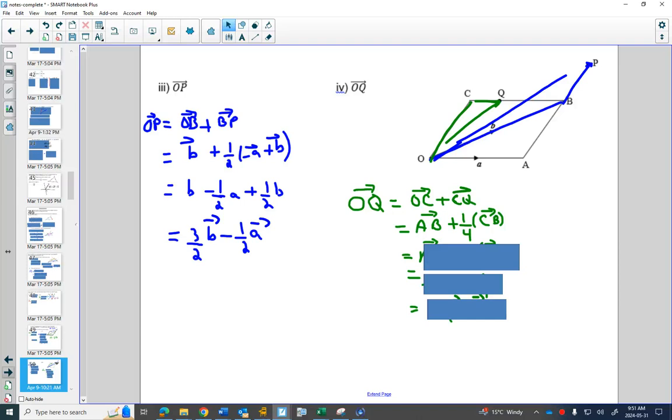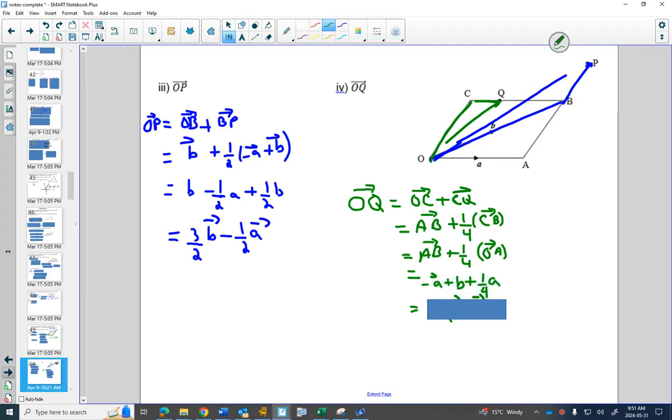And we already talked about how C to Q was 1/4 of C to B. And again, since it's a parallelogram, C to B is parallel and equal to O to A, so we can replace that with O to A. And A to B was negative A plus B, and the arrowheads. And O to A is A, so simplifying this, we get negative 3/4 A plus B.